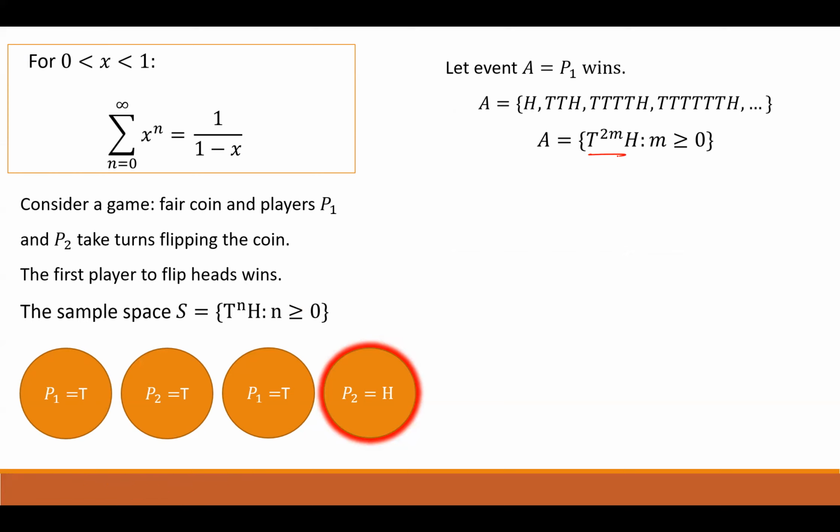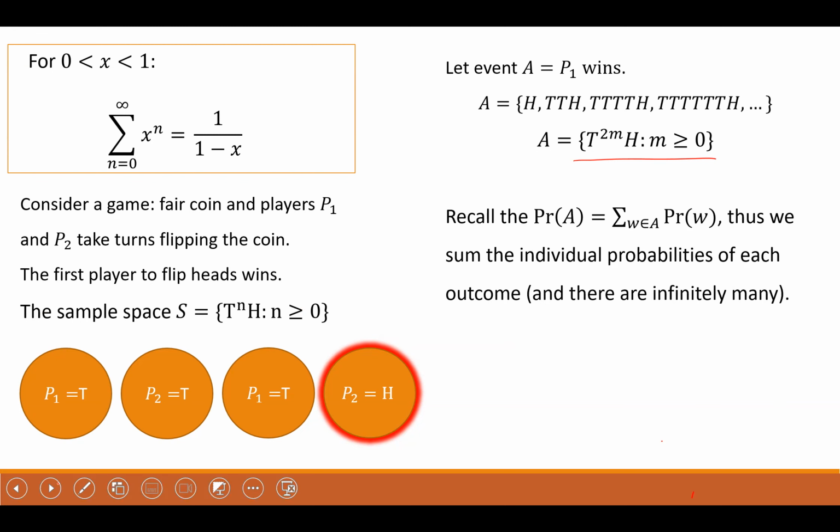If I know T is raised to an even number, well, I take an integer M that's at least 0, and I multiply it by 2, and I get all of the even numbers. Okay, so this is what my event looks like, but I can express it this way. So yeah, this is not a uniform probability space.